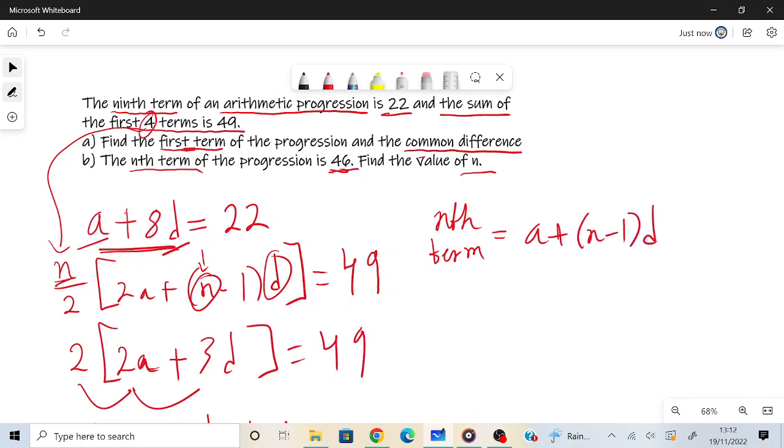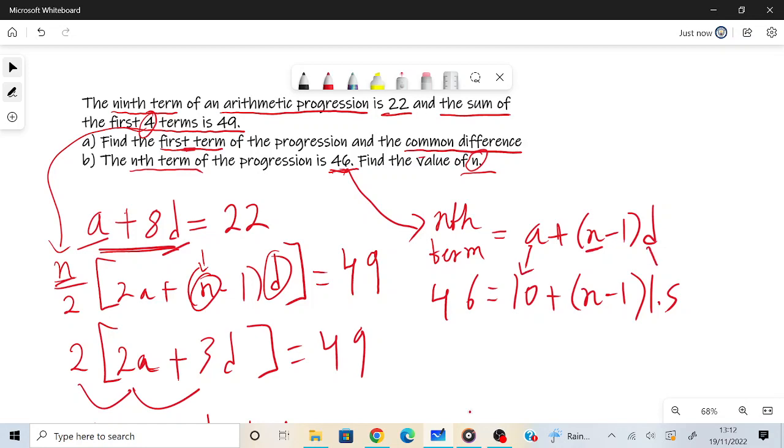It's saying that the nth term of the progression is 46. Find the value of n. So they've even given us a hint that this n is what we're trying to find. So let's put this 46 into the nth term. So we know 46 is equal to 10 plus n minus 1 into 1.5. Our a, as we found out from the a part, is 10, and our d is 1.5.